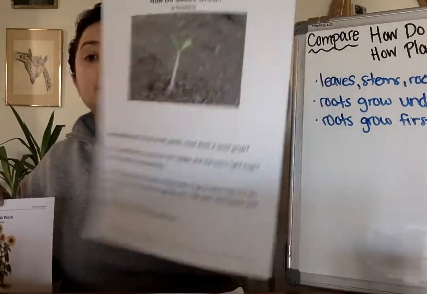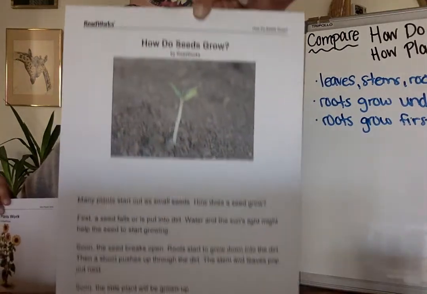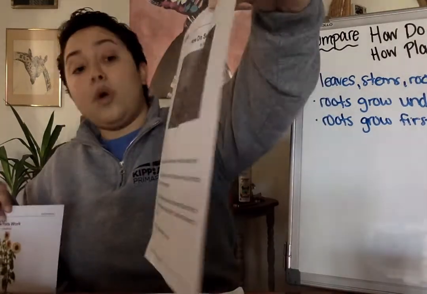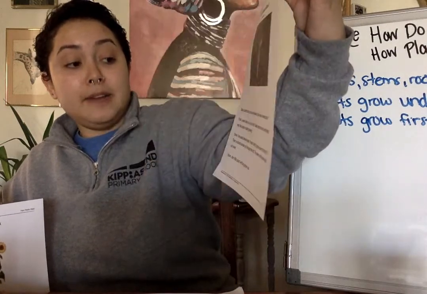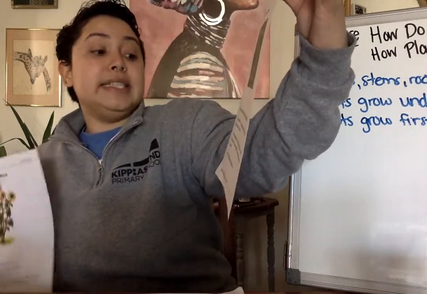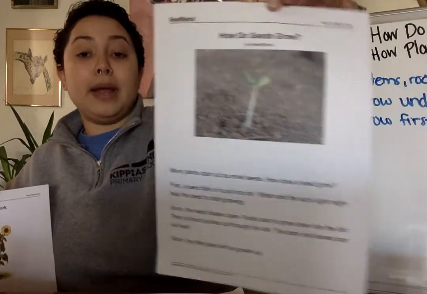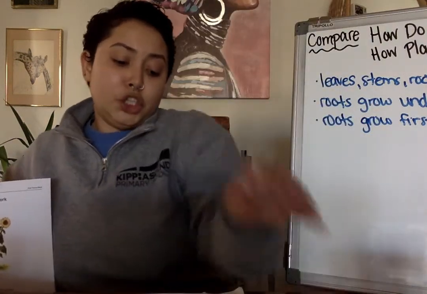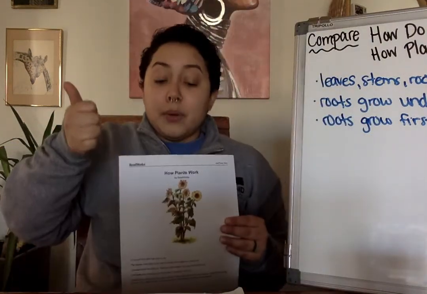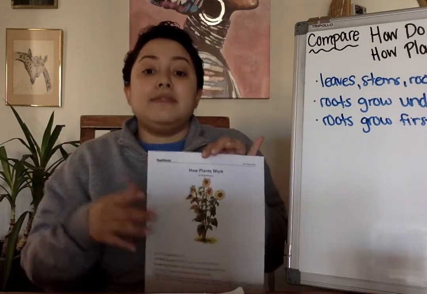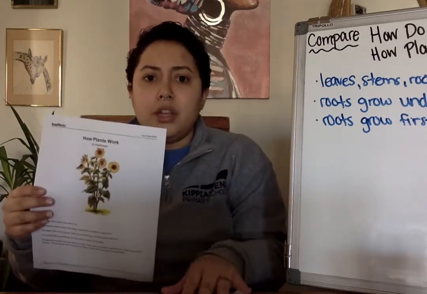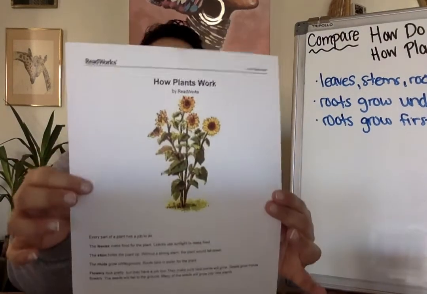We learned that they are small objects that are put into the dirt or fall into the dirt and that they grow into plants. We also saw that they need water and sunlight to start growing and that the seeds shoot up out of the dirt, and then there's a stem and leaves. So now that we know all of those things, let's read this one.